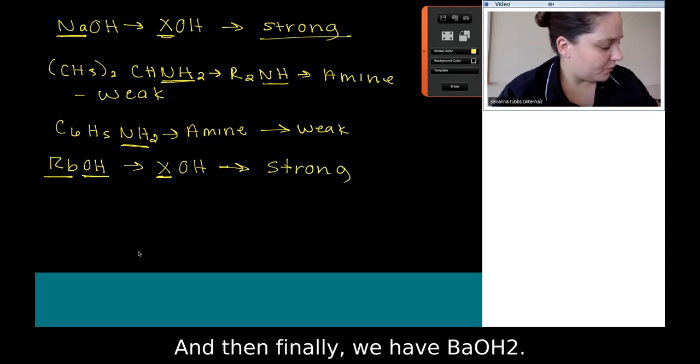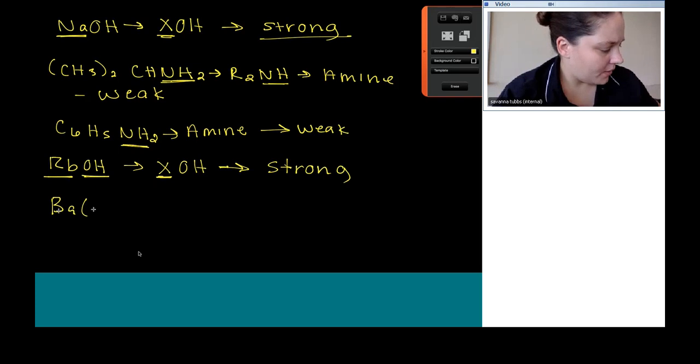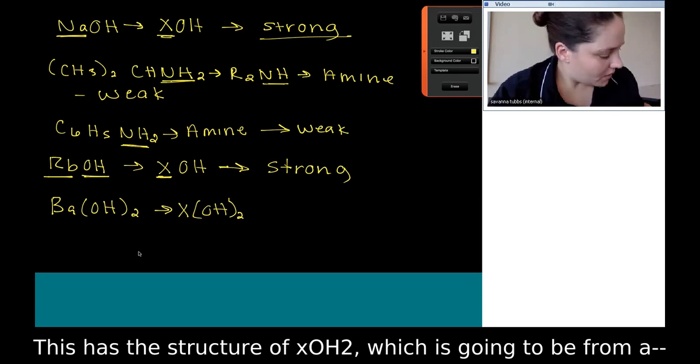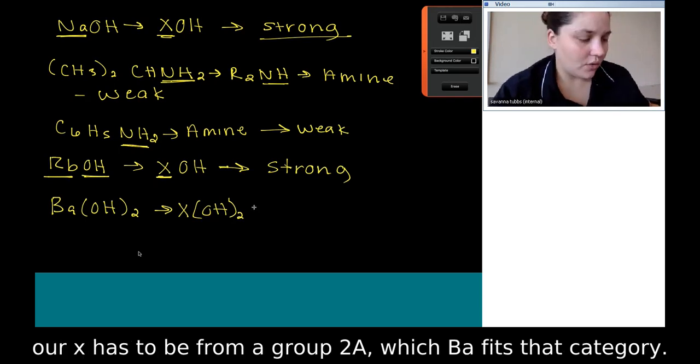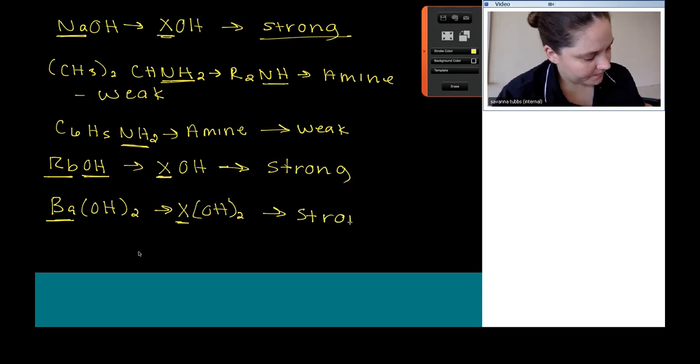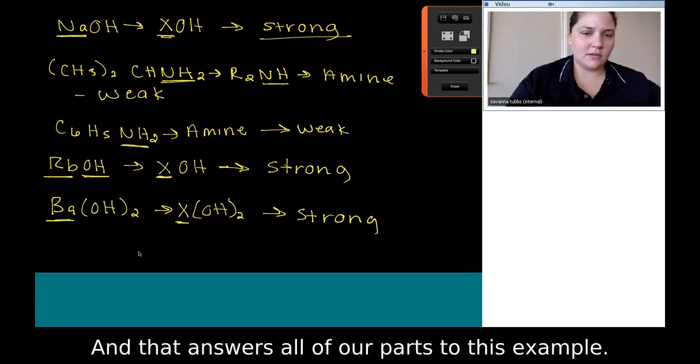And then finally, we have Ba(OH)2. This has the structure of X(OH)2, where X has to be from group 2A, and Ba fits that category, so we have a strong base. And that answers all of the parts to this example.